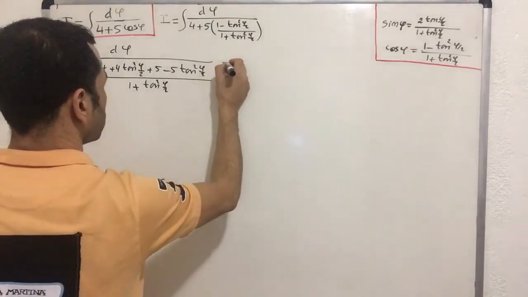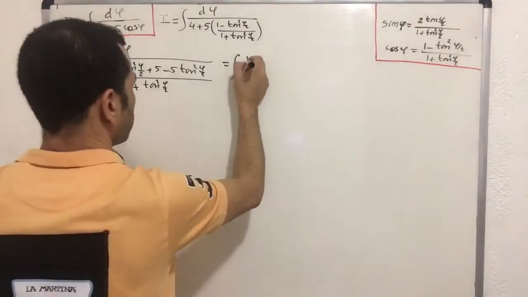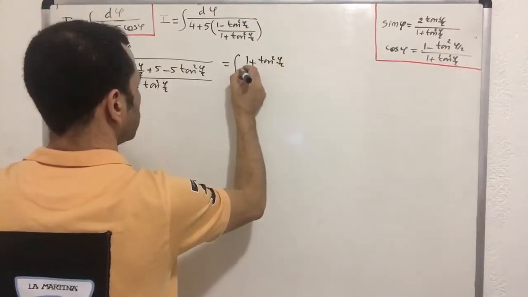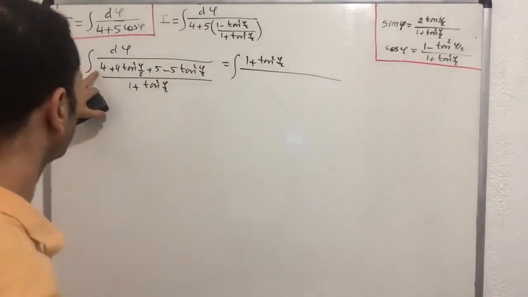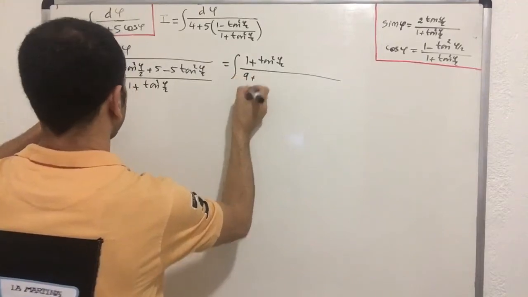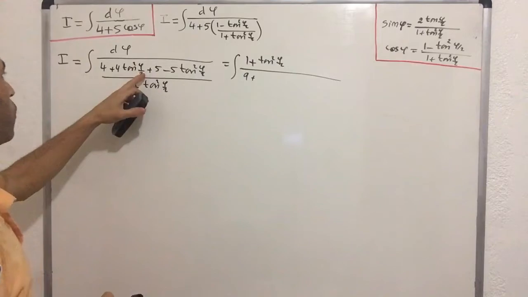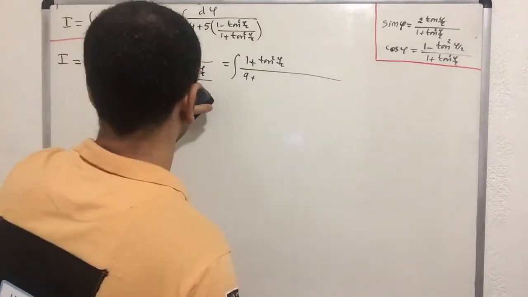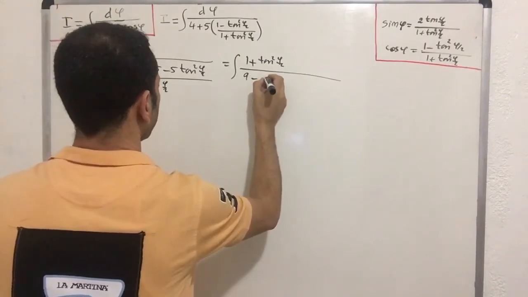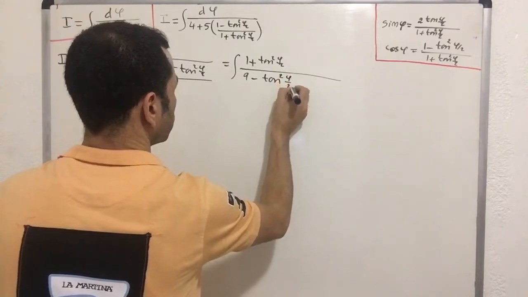Let's put this one on the top. It gives you 1 plus tangent squared phi over 2 over the whole thing. Let's calculate: 4 plus 5 gives you 9. 4 tangent squared phi over 2 minus 5 tangent squared phi over 2 gives you negative 1 tangent squared phi over 2.